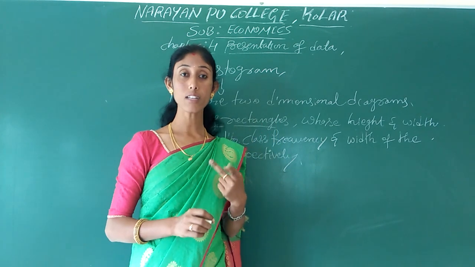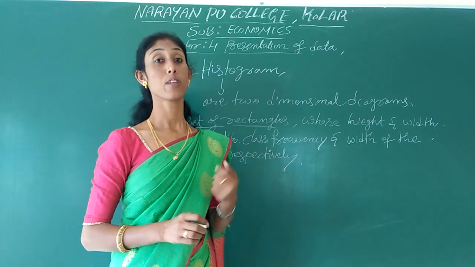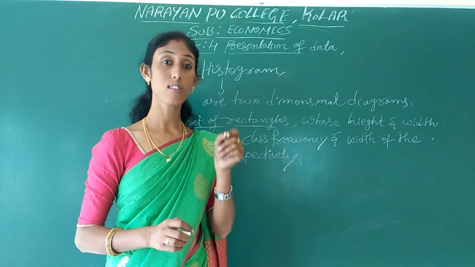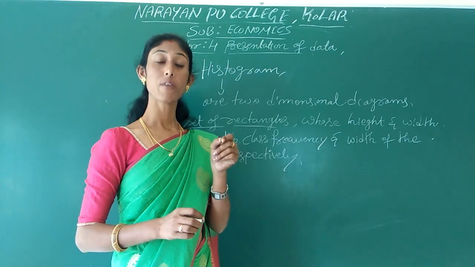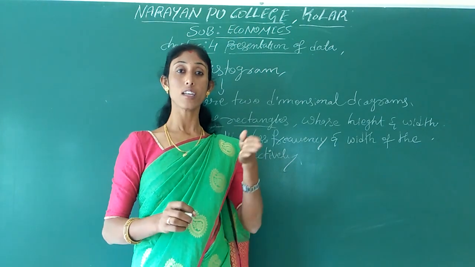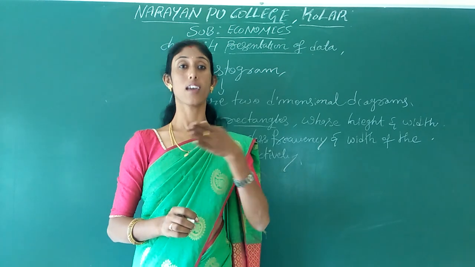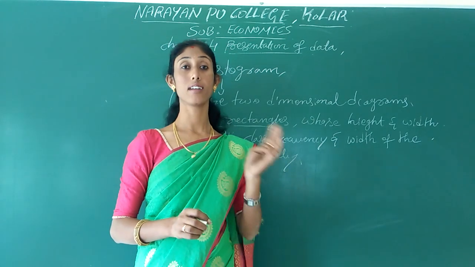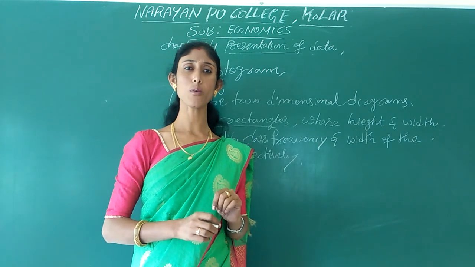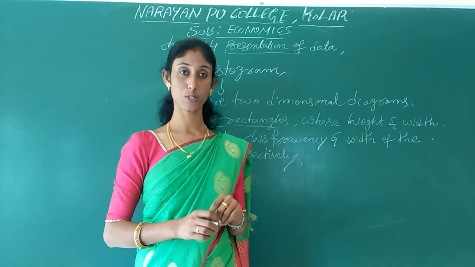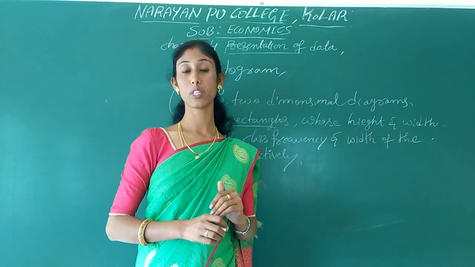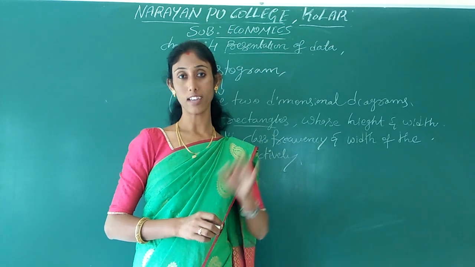The second feature of the histogram is that the class limits or class intervals should be in an exclusive format. When the data is in an inclusive format, we should convert inclusive class limits into exclusive class limits. And the third main feature, important for one mark, is that with the help of histograms, graphically we can find out the mode without any mathematical calculations.